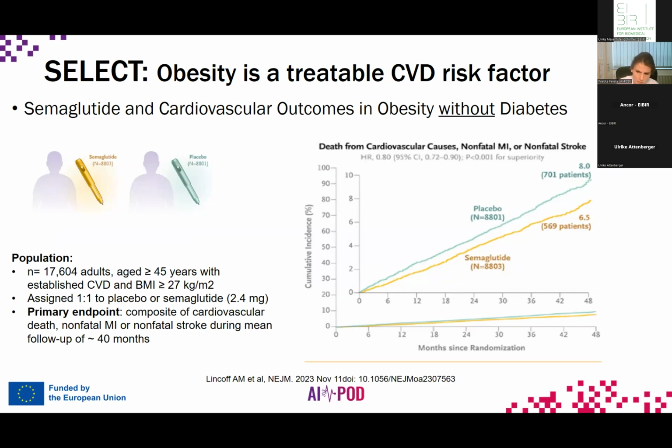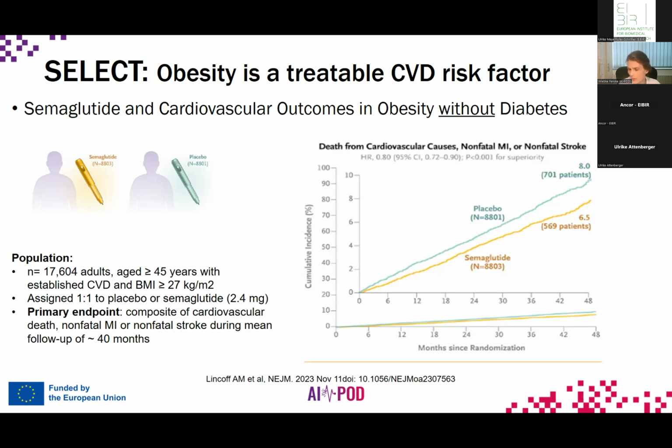So in the SELECT outcome study, more than 17,000 adults aged about 45 years with already established cardiovascular disease were included. So that was a high-risk population with an initial BMI of at least 27 kilograms per square meter. Patients were assigned 1-to-1 to placebo or semaglutide arm.